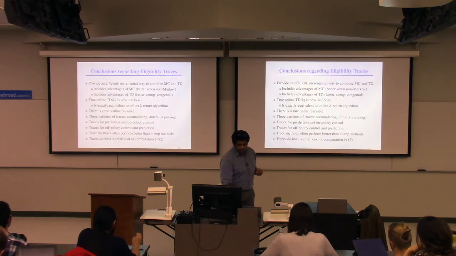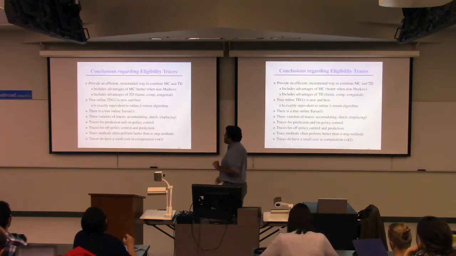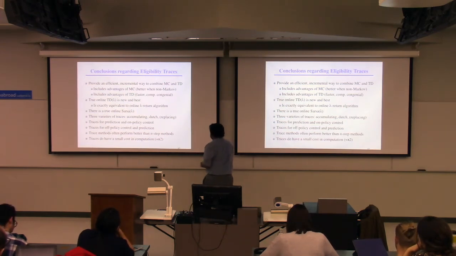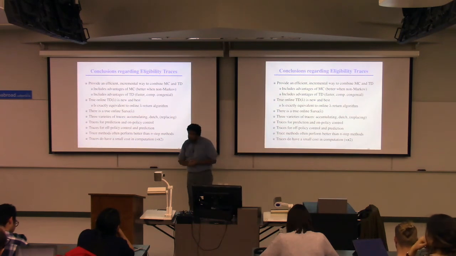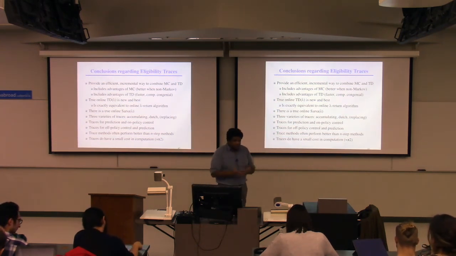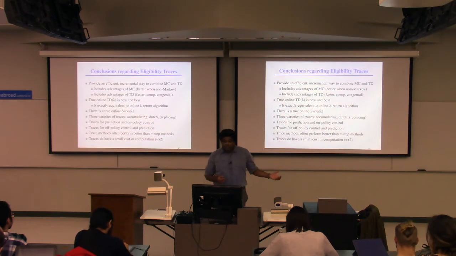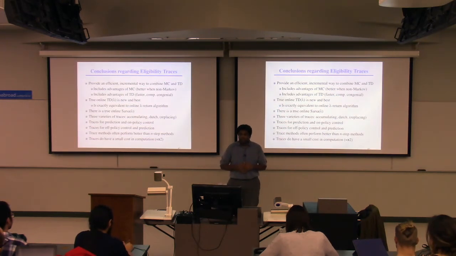Okay. So let's just wrap. What have you seen over today and yesterday? We have efficient incremental ways to combine Monte Carlo and TD, right? We have a full set of these eligibility trace methods, and we can get the advantages of Monte Carlo. We can get the advantages of TD, right?